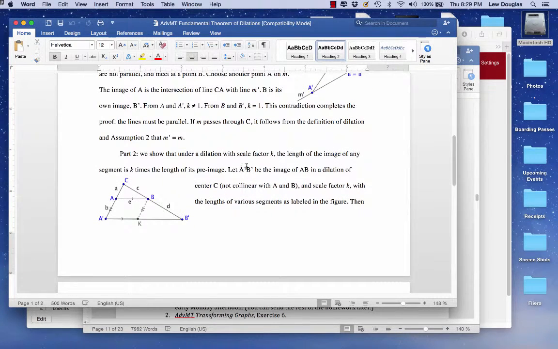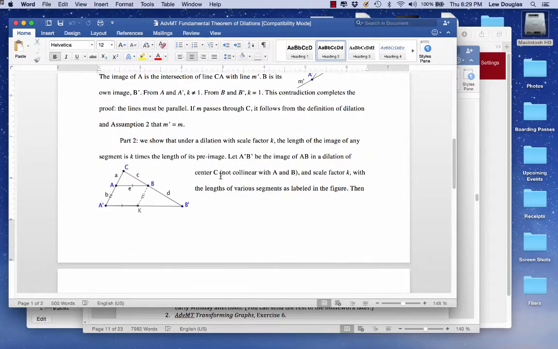We show that under a dilation with scale factor K, the length of the image of any segment is K times the length of the preimage. Let A prime B prime be the image of AB in a dilation of center C. So A prime B prime, this bottom segment of the triangle, is the image of AB, and we know it's parallel.